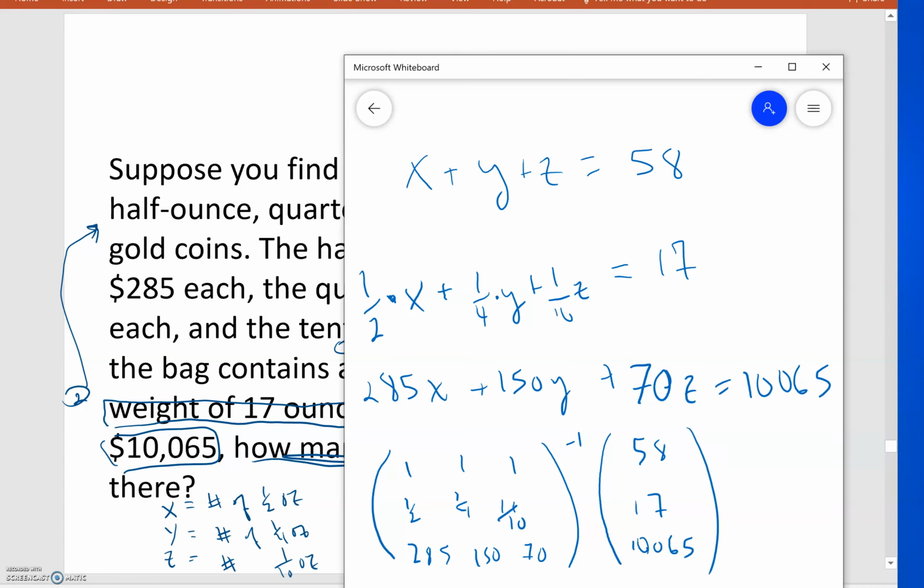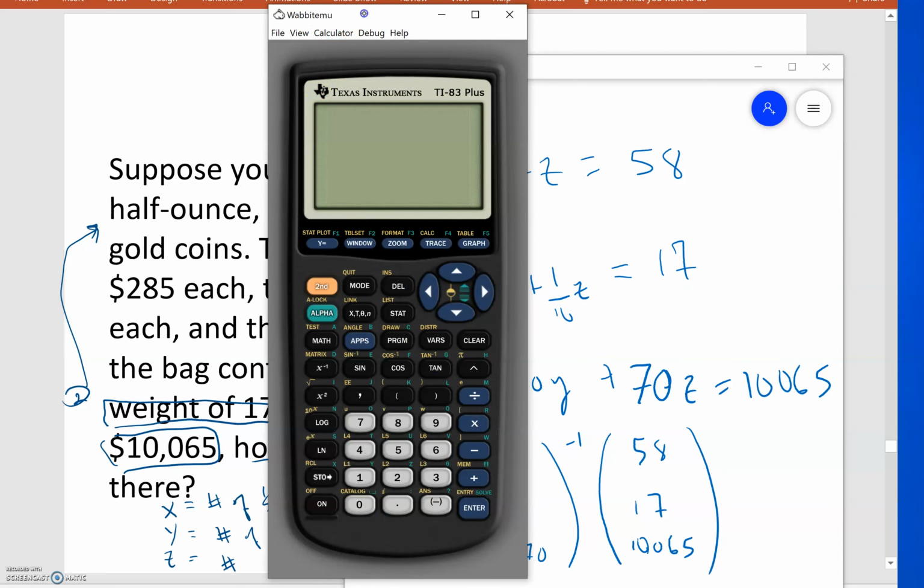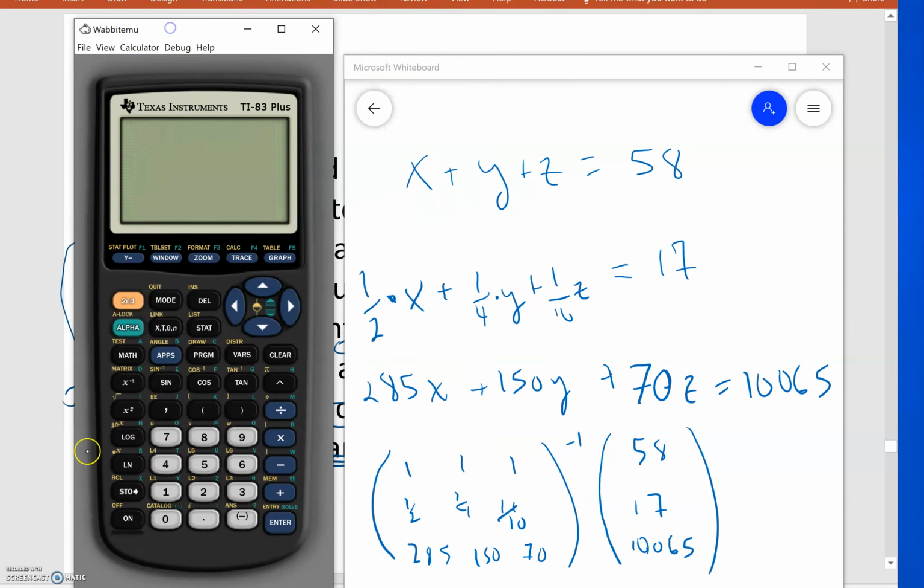So that's going to be a 3 by 3, and this is going to be a 3 by 1. So at this point, we've got to enter the values into the calculator.